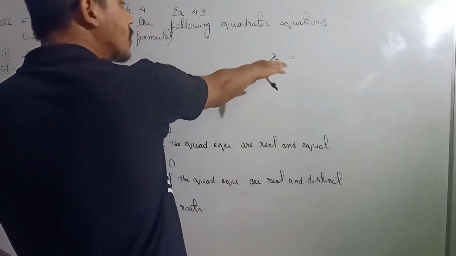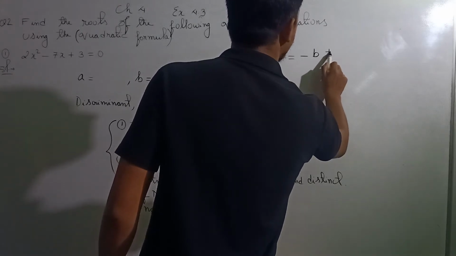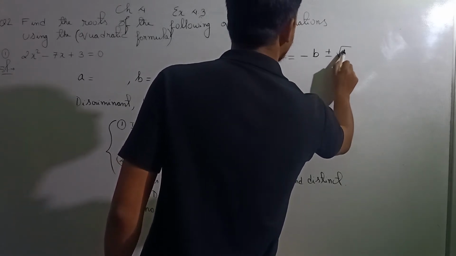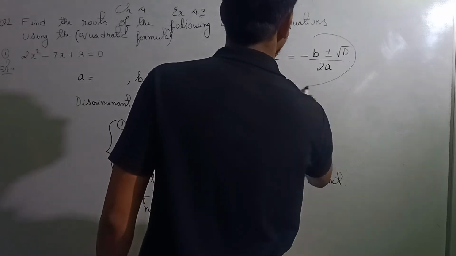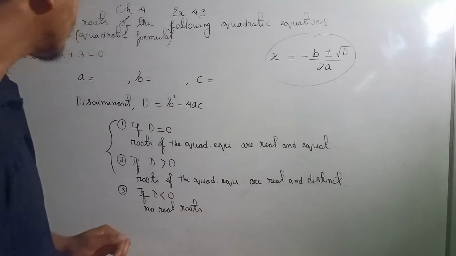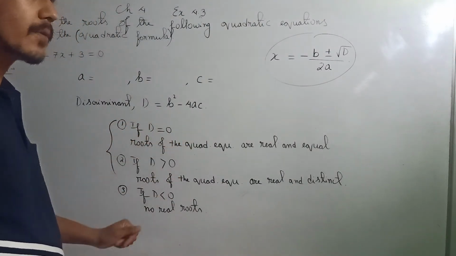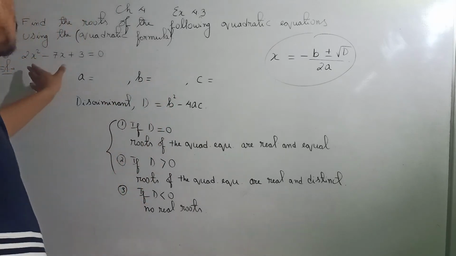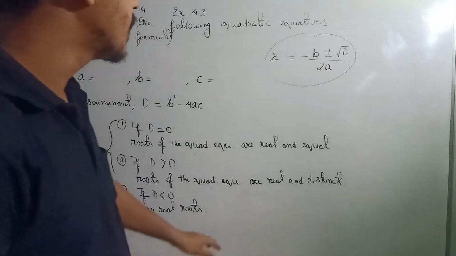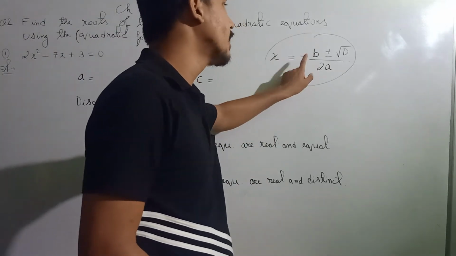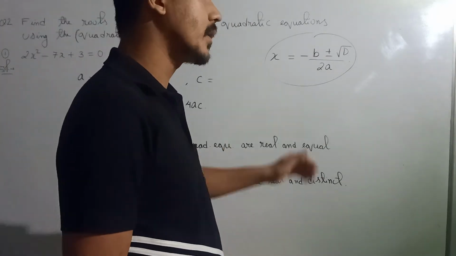So we can obtain the roots by using the formula minus b plus minus square root of d upon twice of a. So in cases if d is equal to 0, or if d is greater than 0, then we can obtain the real roots of the given quadratic equation. And using this formula, minus b plus minus square root of d upon 2a, we can obtain the roots.